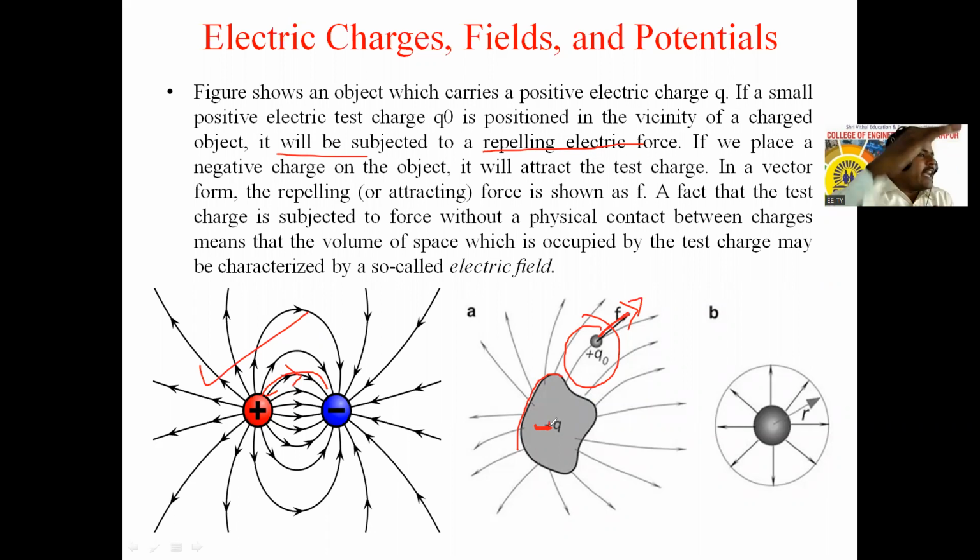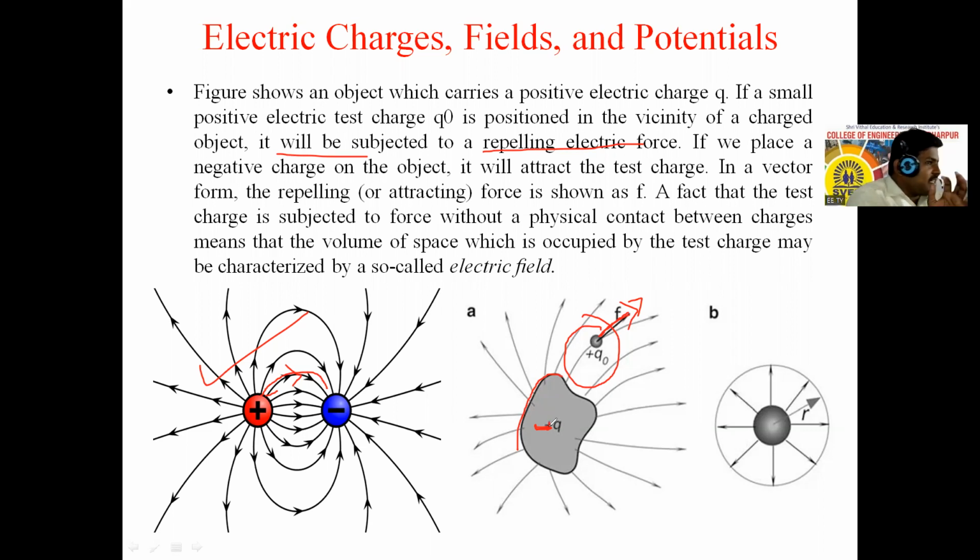There is no contact between positive charge Q0 and positive charge Q, or negative charge Q and positive charge Q0. There is no physical contact. There is an open space, or volume. So it will be attracted or repelled. That means some electric field will be present. So this is nothing but the concept of electric field.